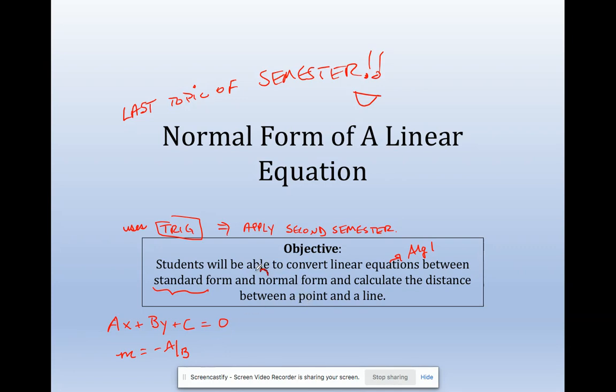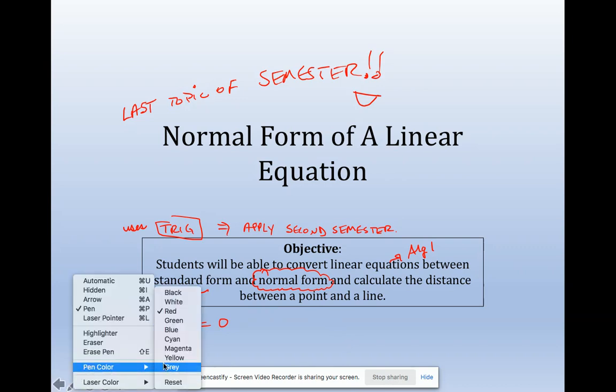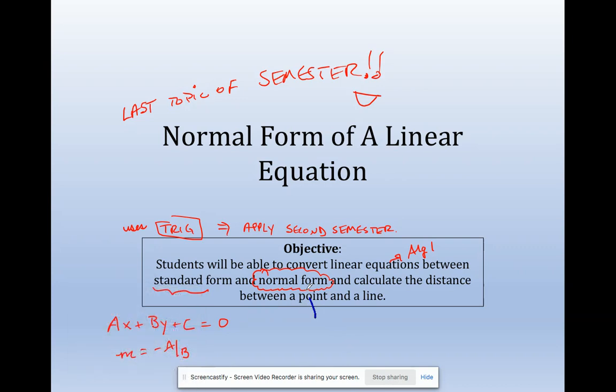But I am going to give you something called the normal form of an equation. That's new. Standard form is old news. This is new news. And then we are going to use our new equation to calculate a distance, right?